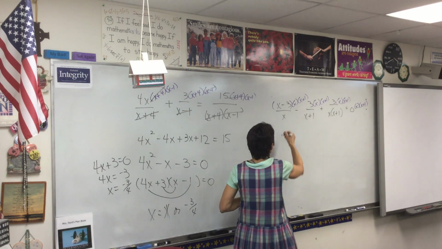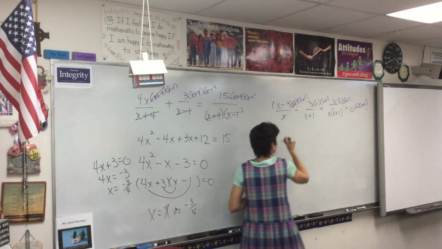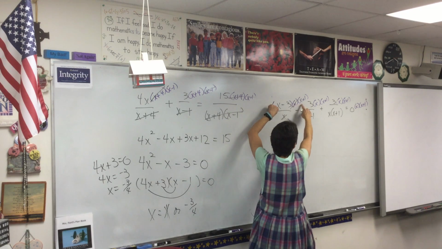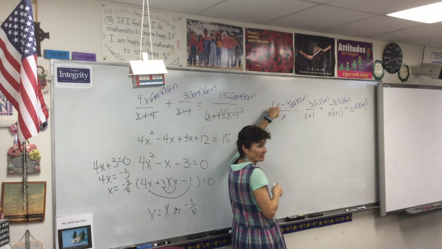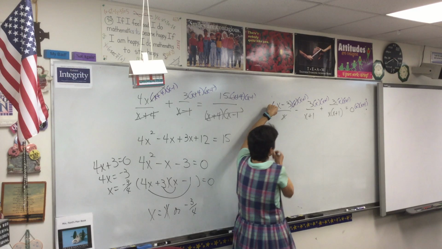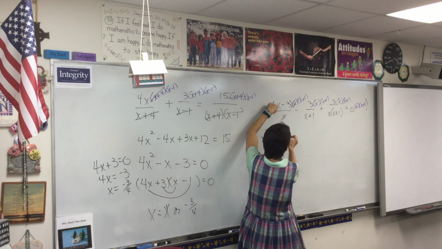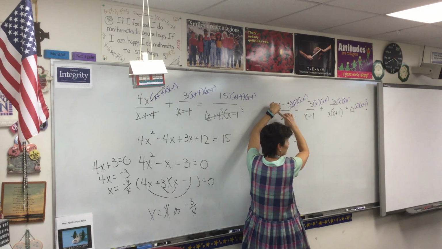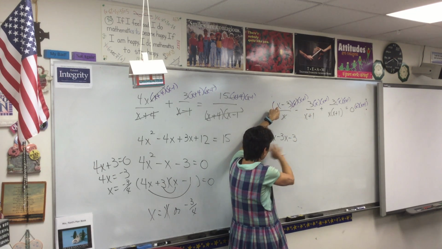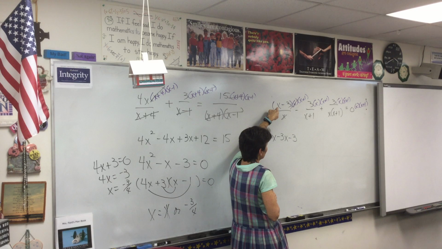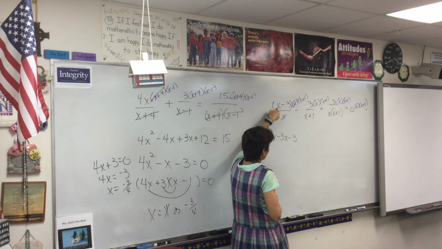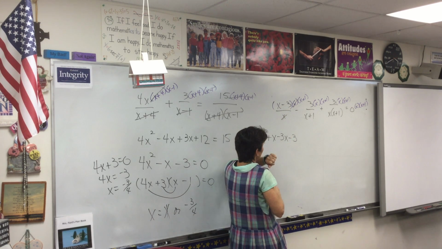So what happens here? These cancel. Now this right here is going to be a FOIL, isn't it? Yeah. x squared plus x minus 3x minus 3. I just went ahead and FOILed it. I know I got like terms. I'll fix that in a minute. Everybody okay with that?